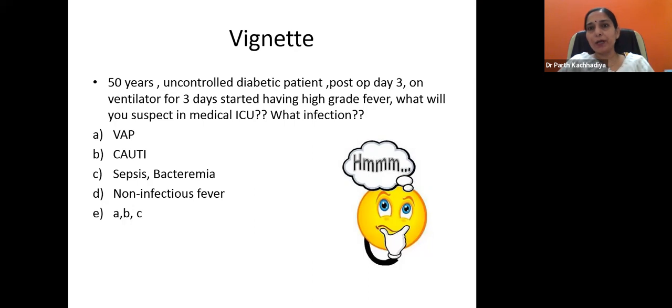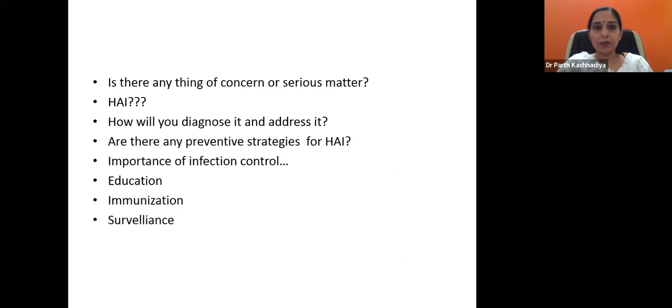As the patient is on a ventilator, our first diagnosis would definitely be VAP. But to diagnose it, there are a number of investigations and a few things on which we can determine whether it is VAP or sepsis. So is there anything of concern or serious matter? Of course, yes.